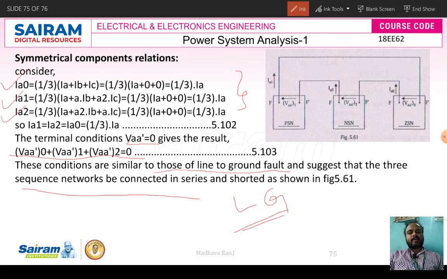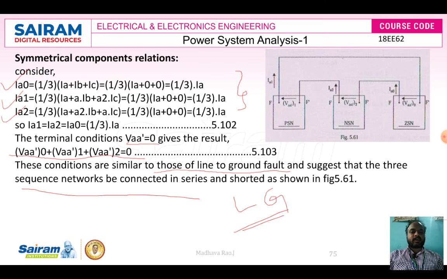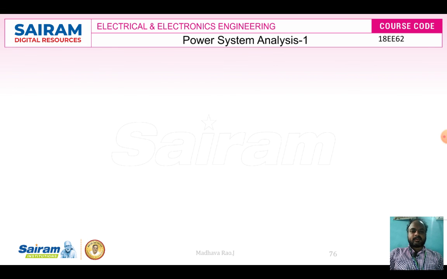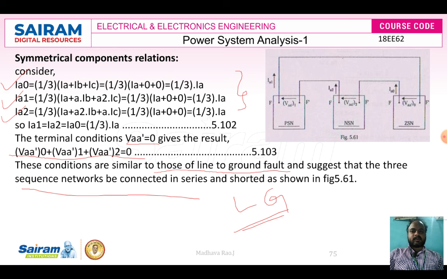Similarly here, in two conductor faults, we connect all sequence impedances in series and short circuited. So this is about one conductor and two conductor faults. Thank you everyone.